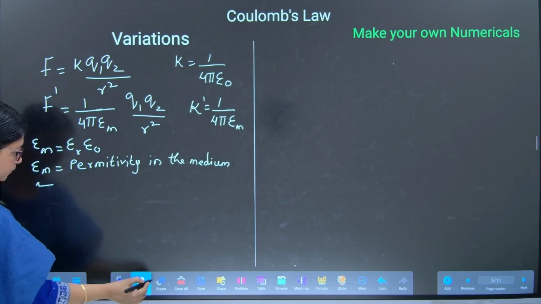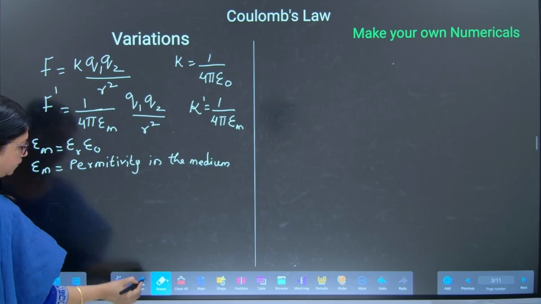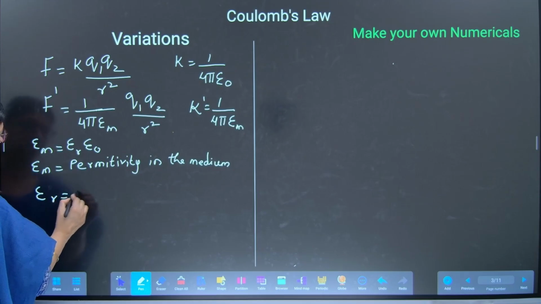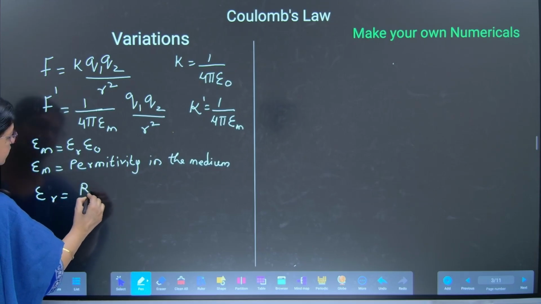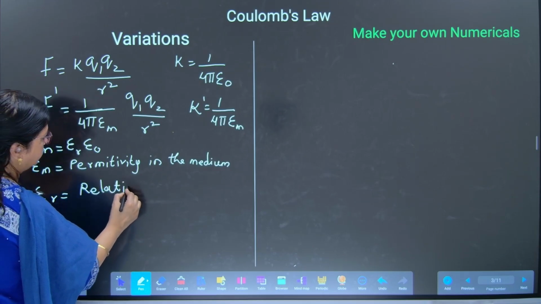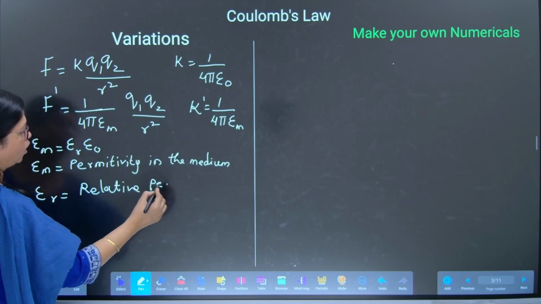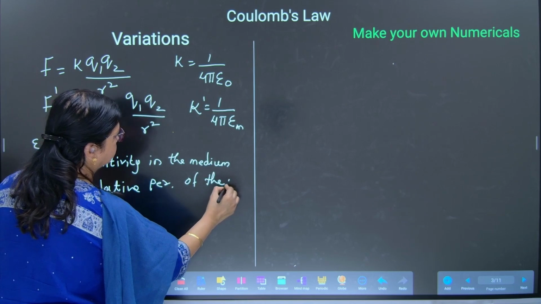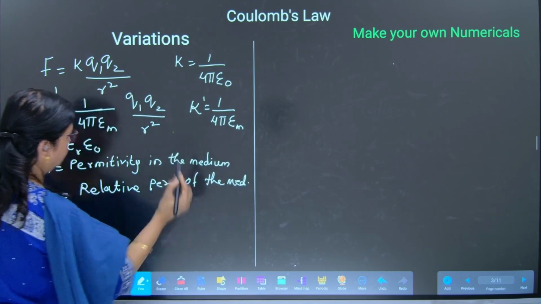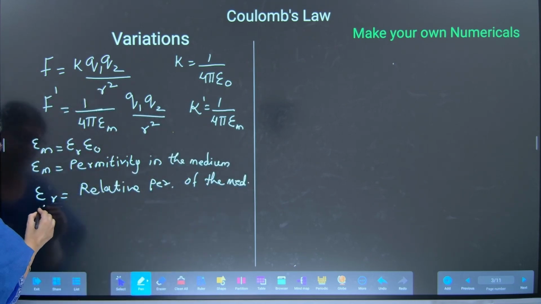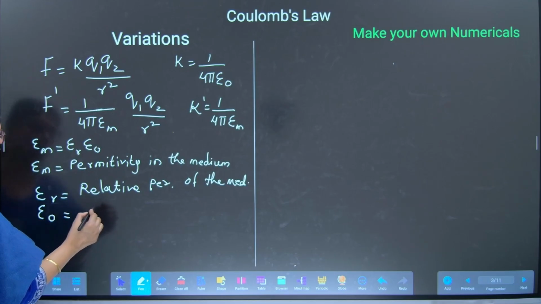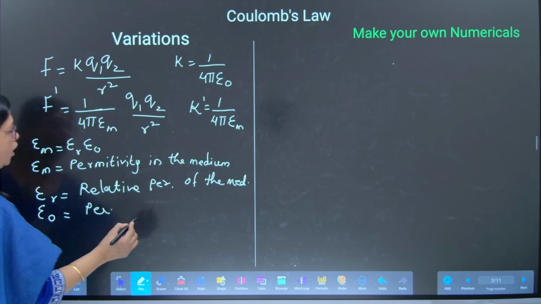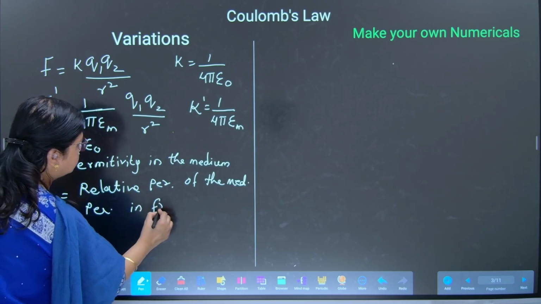Epsilon r is the relative permittivity, I am writing in short, permittivity of the medium, where medium also I have written in short. Epsilon naught, as already told, is the permittivity, in short, in free space.